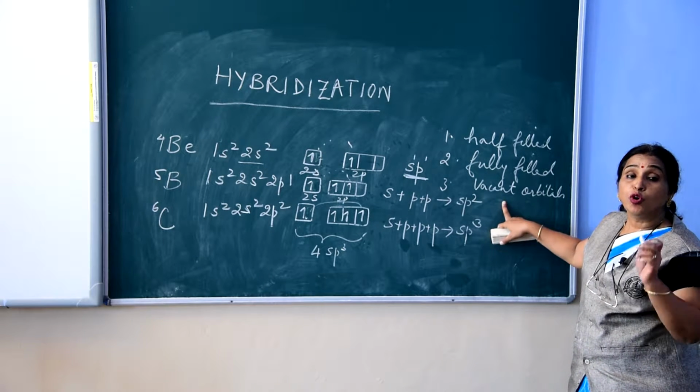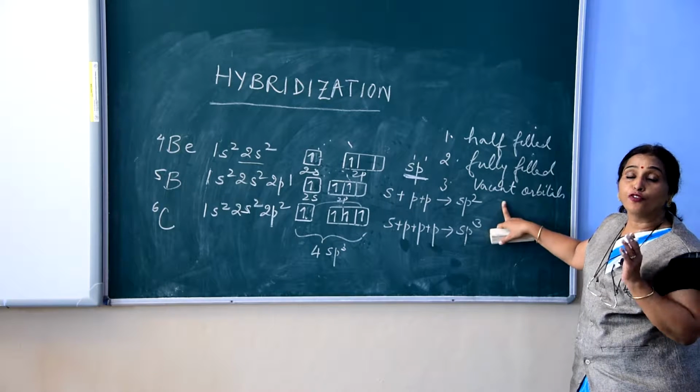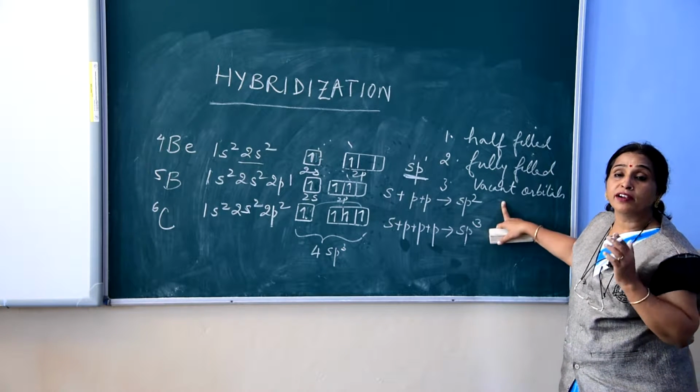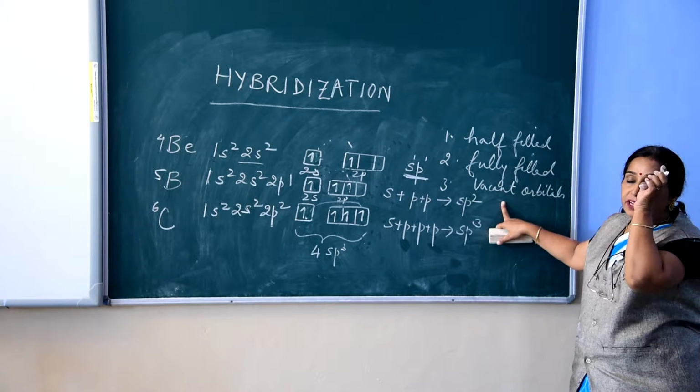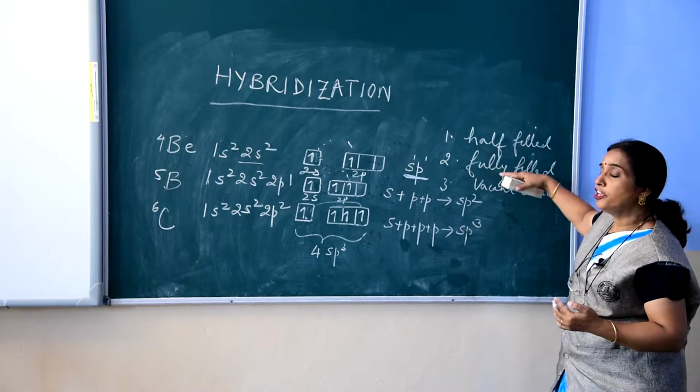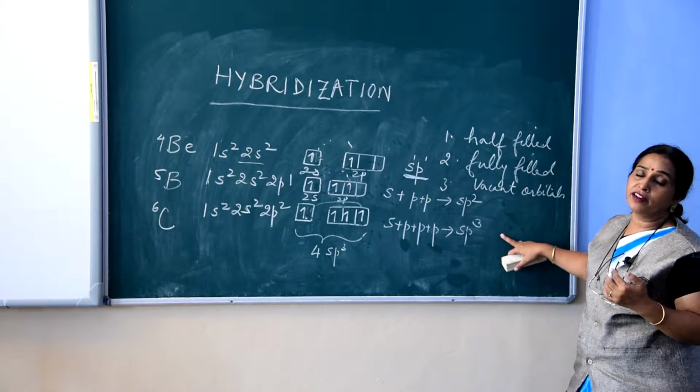That means not only half filled or fully filled, vacant orbitals can also take part in hybridization. That means all the 3 in any form can take part in our hybridization.